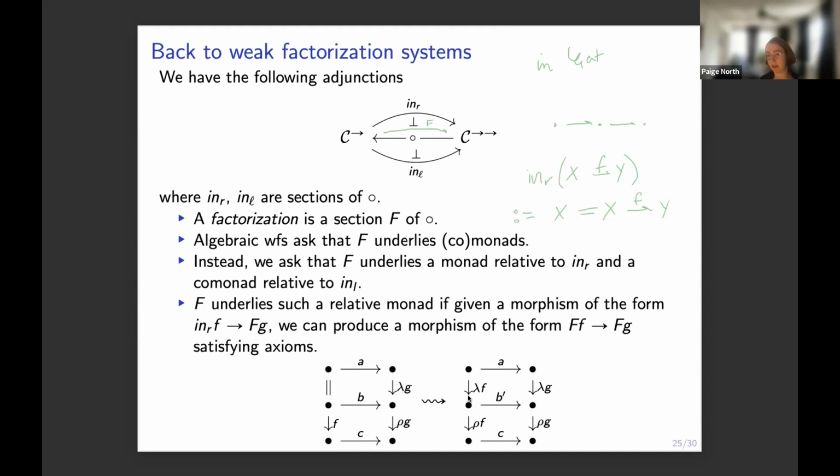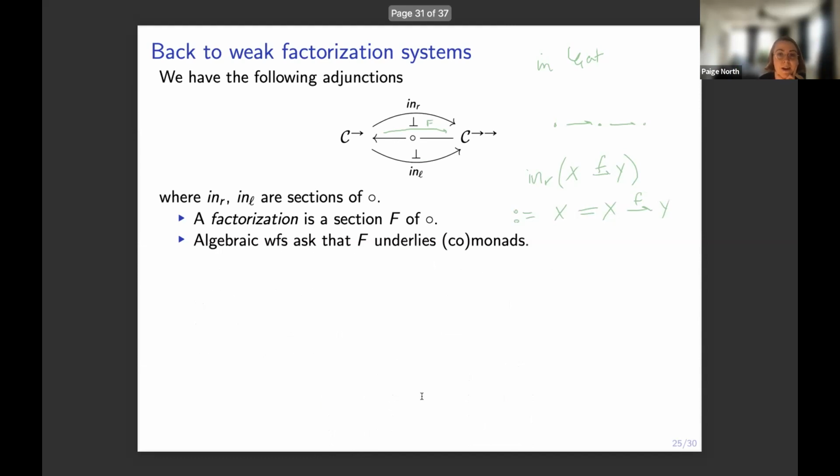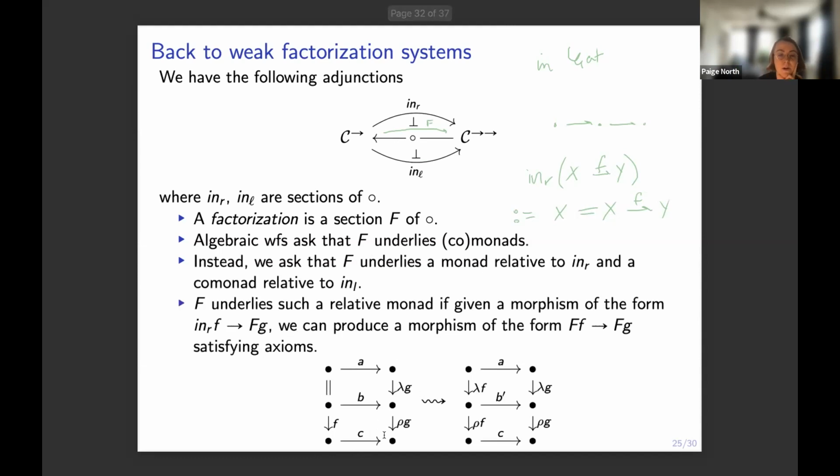And we know that, say, if we're in a weak factorization system, we know that we can do this if we're used to doing algebra with these kinds of things.